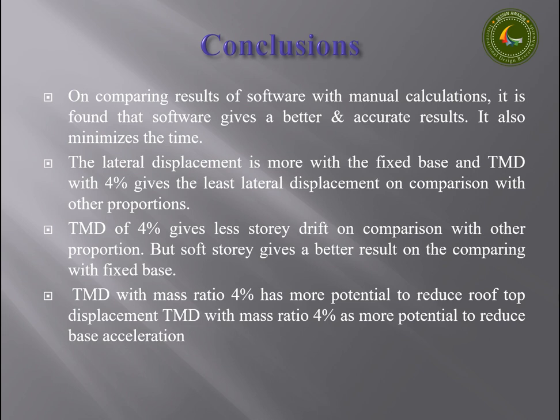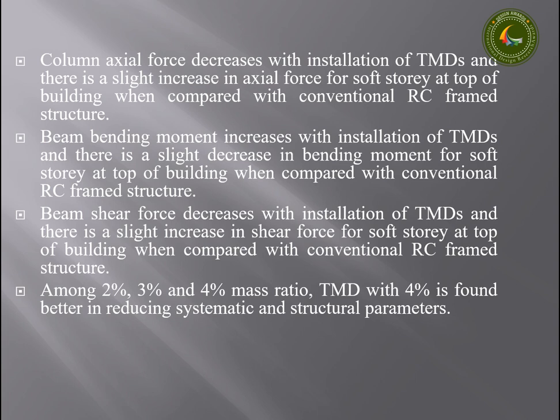And then, comparing the axial forces, bending moment, and shear forces, apart from all those three, we can conclude that a TMD with a mass ratio of 4% is most suitable to adopt for a building structure, any type of structure, so that it can reduce the maximum amount of vibrations coming over it.